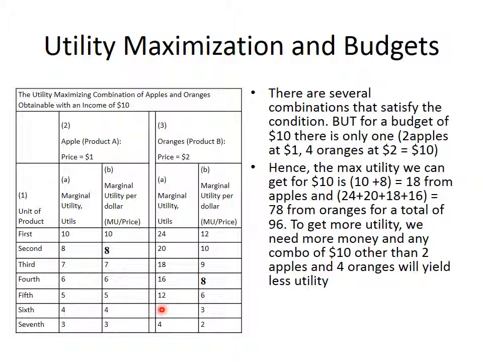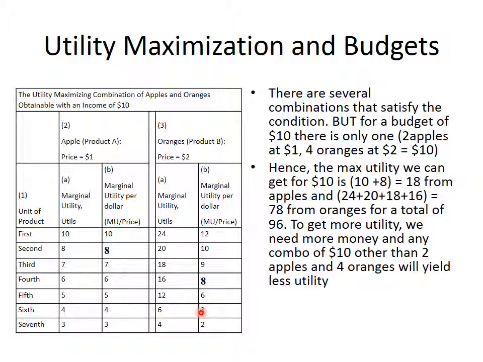That 6th orange gets us 6 units of marginal utility. We divide that by $2 and we have 3 units of benefit per dollar. Reasonable enough. What would this combination cost us? Well, $7 times 1 is $7 for the apples, and 6 oranges at $2 a piece would be 12. This would cost us $19.